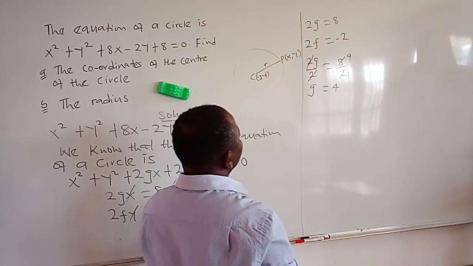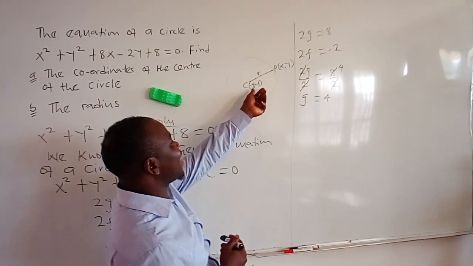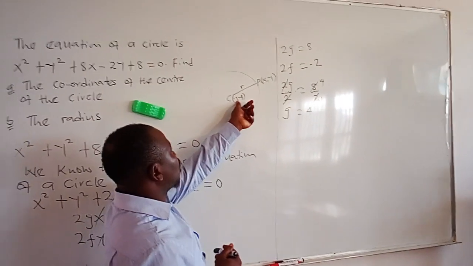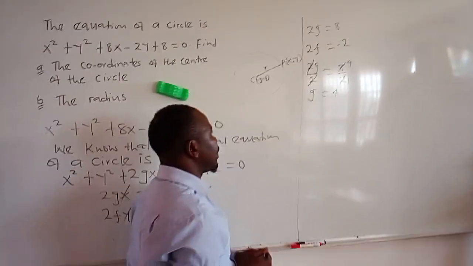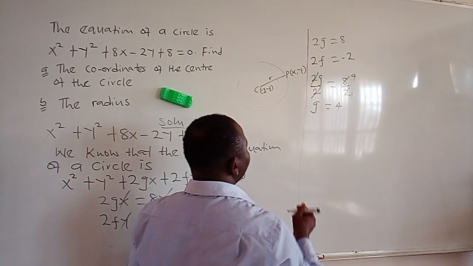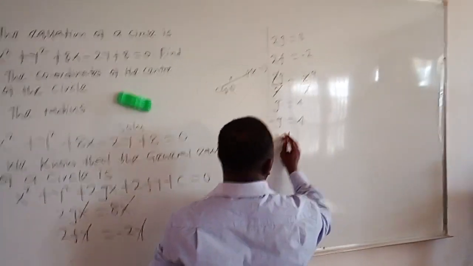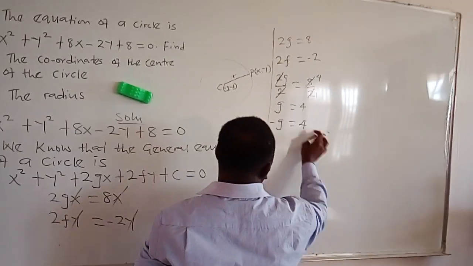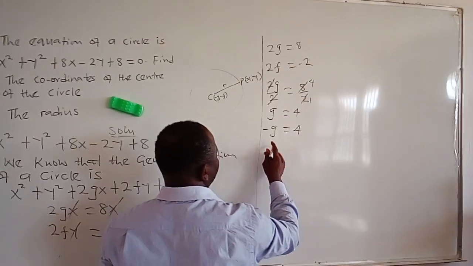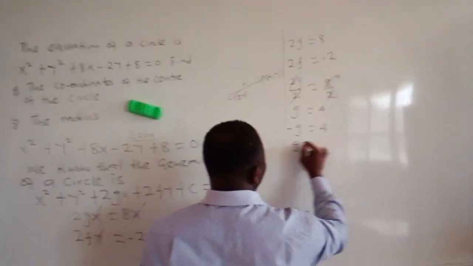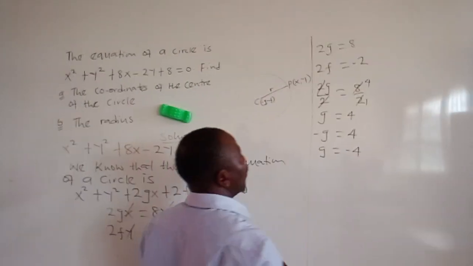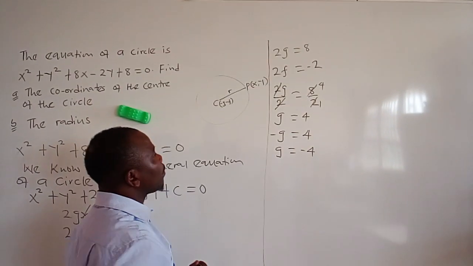But don't forget that at the center, your g is always negative. So minus g is equal to 4. Then by the time you multiply through by the minus, you are going to have g equals minus 4. Do you agree with me?